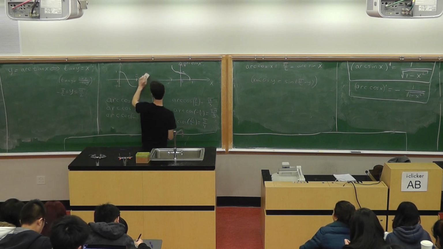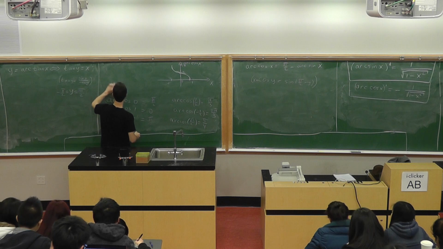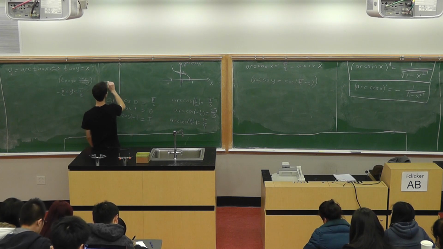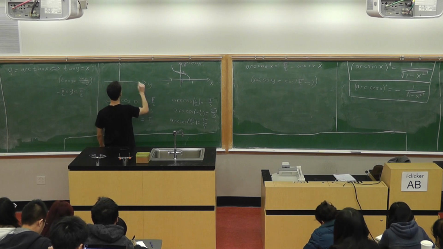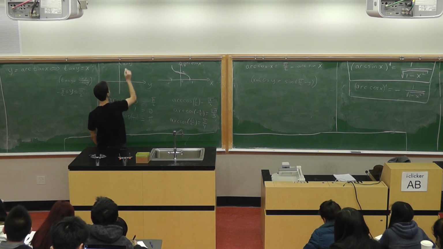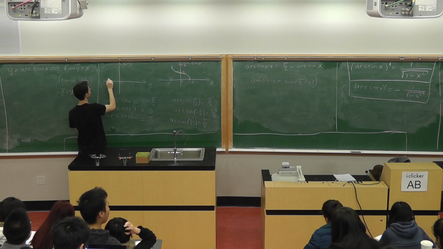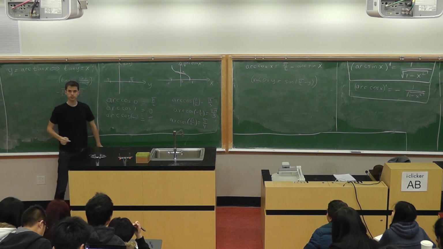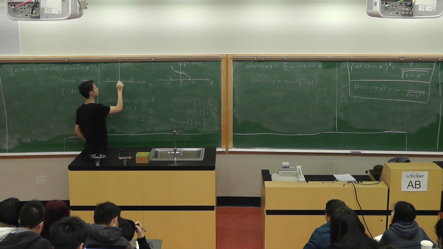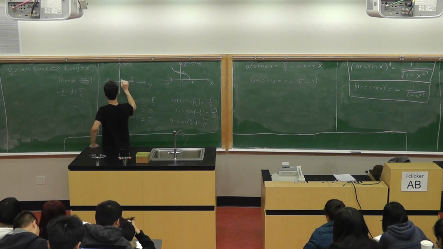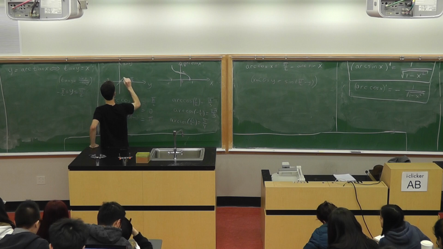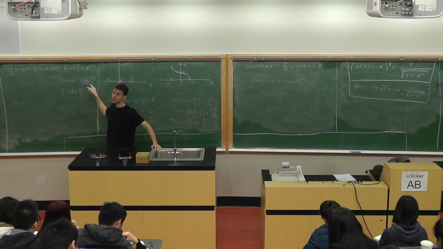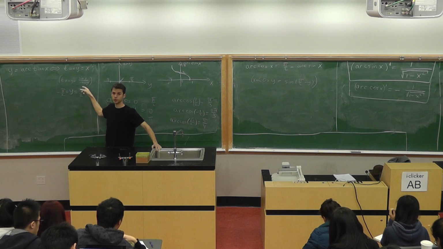If you look at the graph of tangent, if you have never seen it, let me draw it for the first time. So at 0, tangent is 0. Then it increases. And then when x approaches pi by 2, the denominator, cosine of pi by 2, is 0.